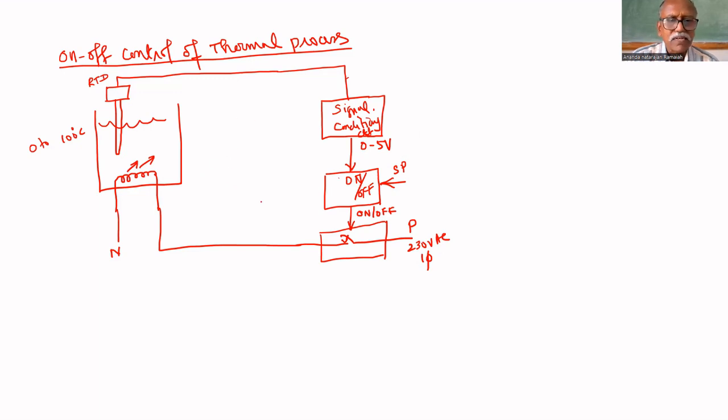Suppose the set point is 60 degrees centigrade, means whenever it exceeds 60 degrees centigrade, it will turn off. Whenever it is below 60 degrees centigrade, it will turn on.